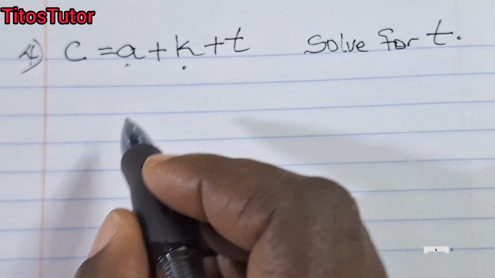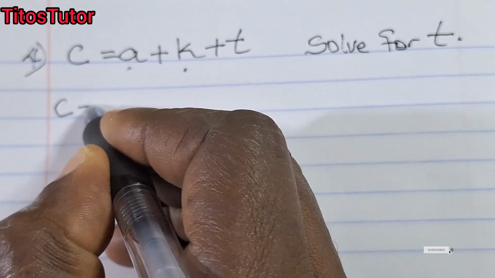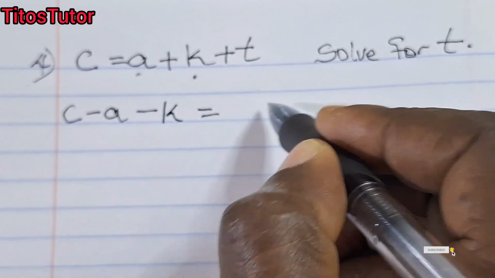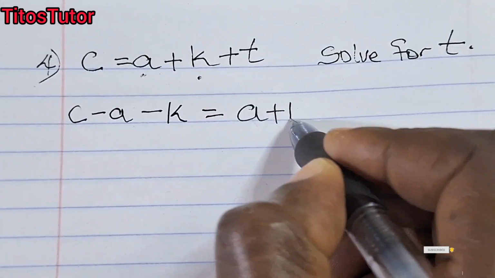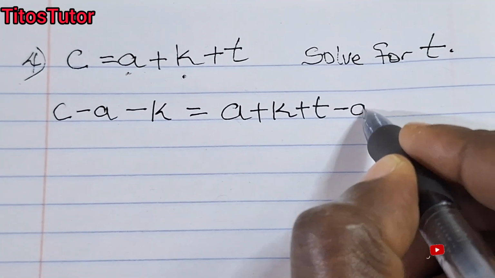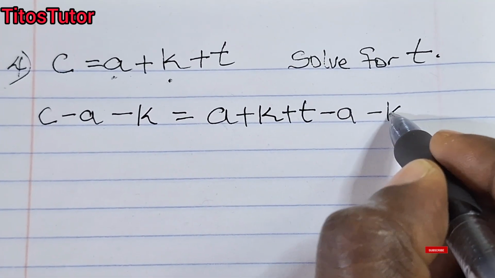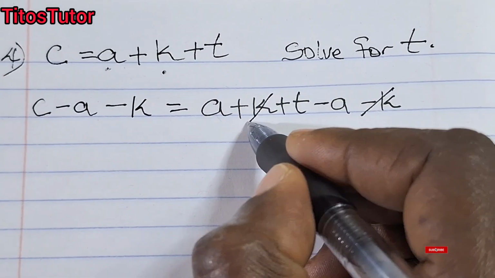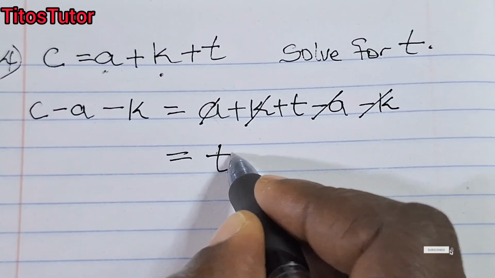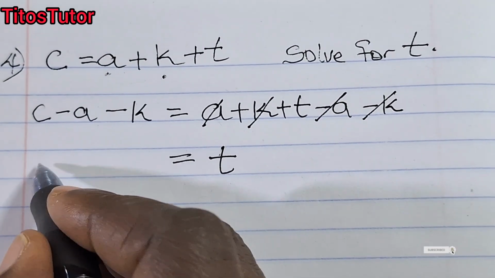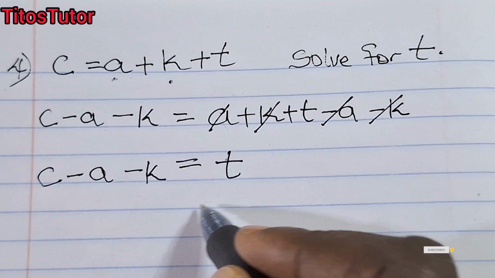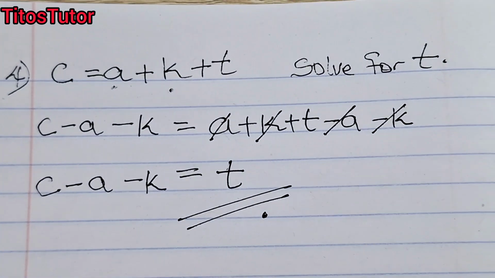For me to do that, I subtract a from both sides and subtract k from both sides as well. So a plus k plus t minus a minus k. This cancels this, this cancels this. I'm left with only t, which is equal to c minus a minus k, and I am done.